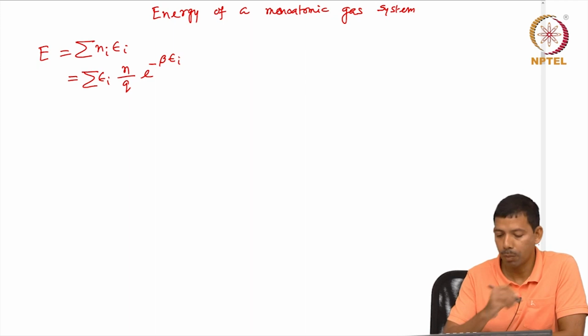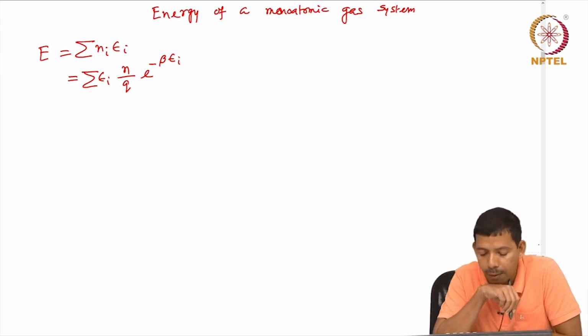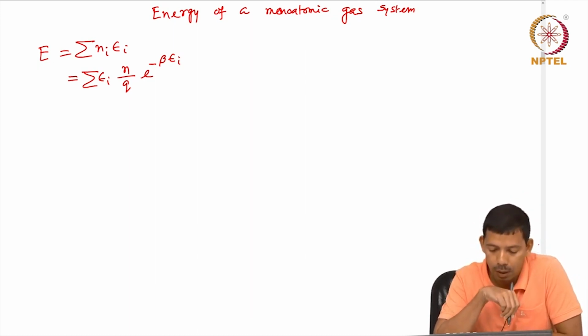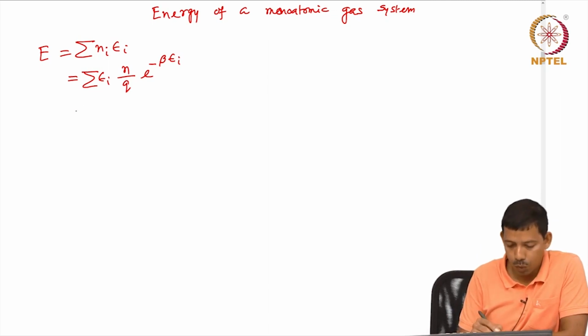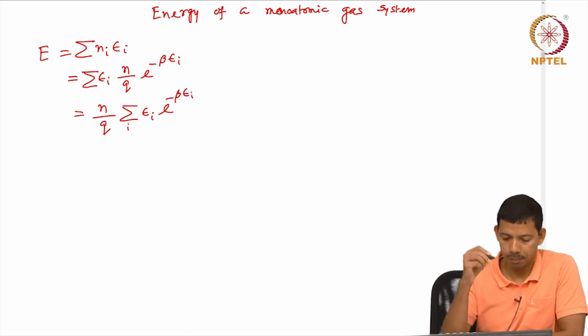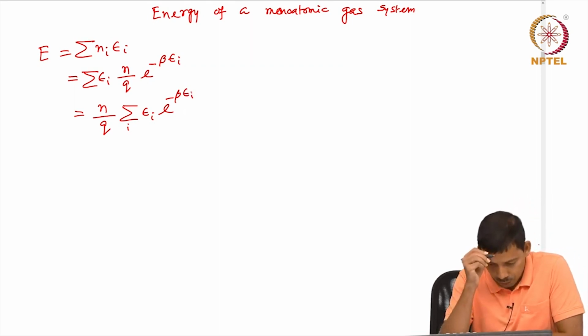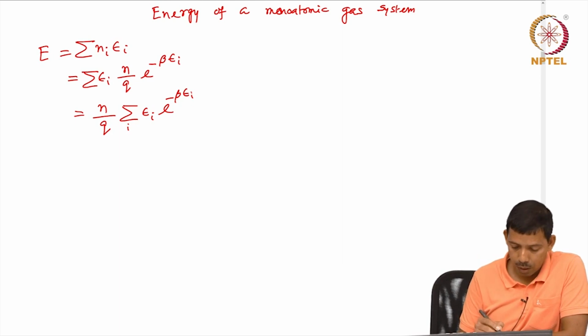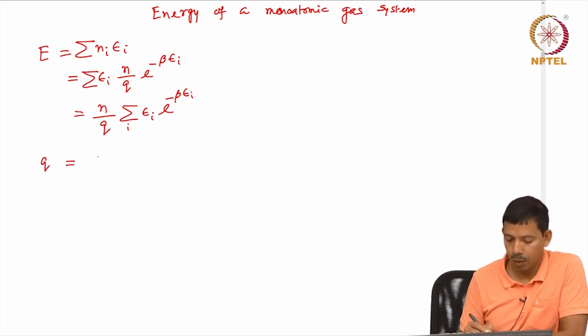Instead of 1 by kT, I am writing it as beta. So we get E equal to N by Q sum over i epsilon i e to the power minus beta epsilon i. And again we had Q is equal to the sum over i of e to the power minus beta epsilon i.